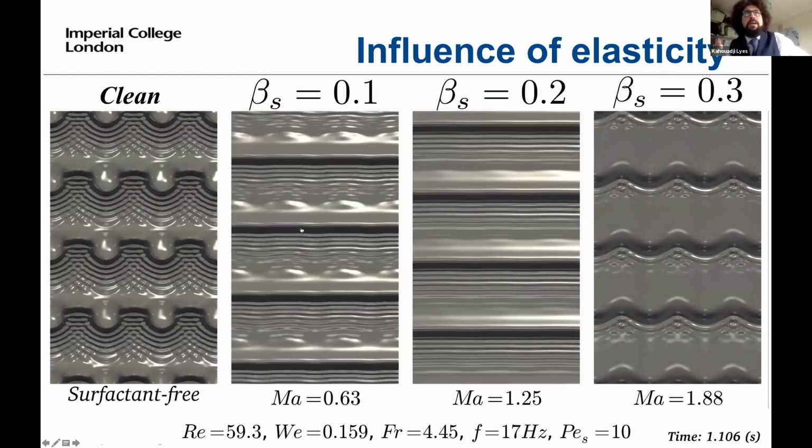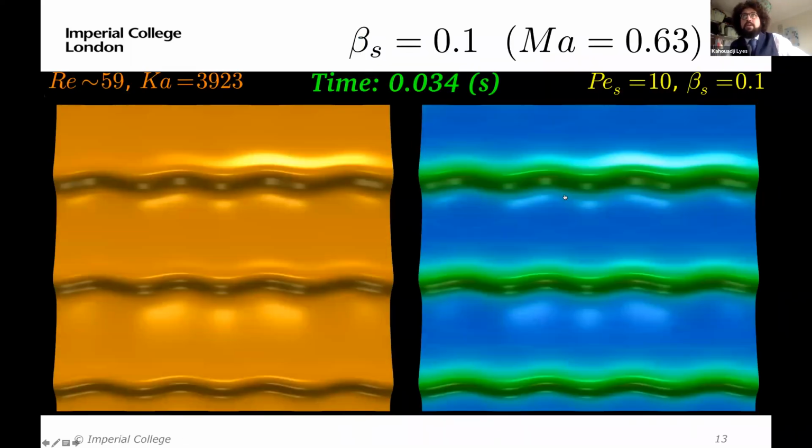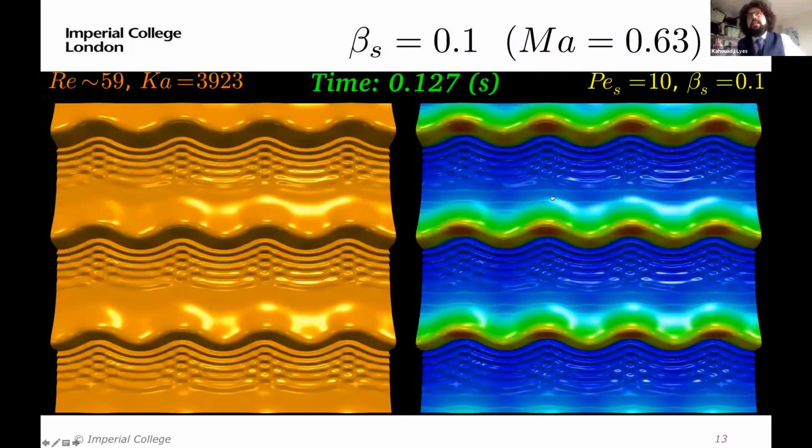I have another animation just for this case, and it's really a small beta. On the left is just the visualization of the interface. On the right is the interface colored with the concentration of the surfactant, the interfacial surfactant gamma. As you can see, you have a maximum in this part of the waves and a minimum.